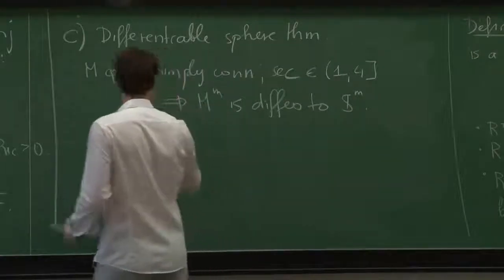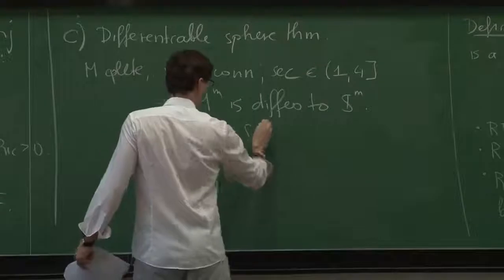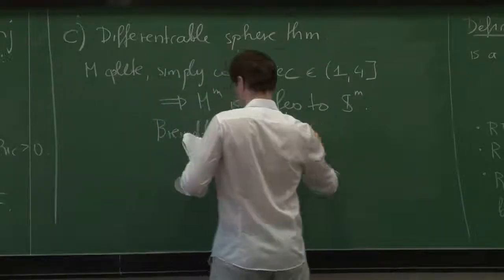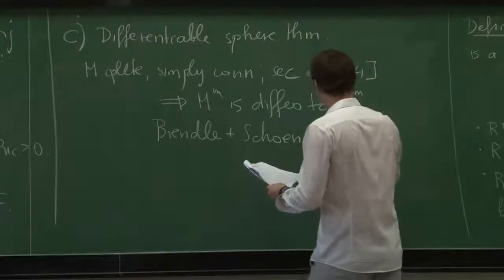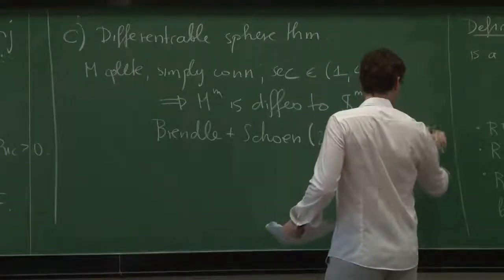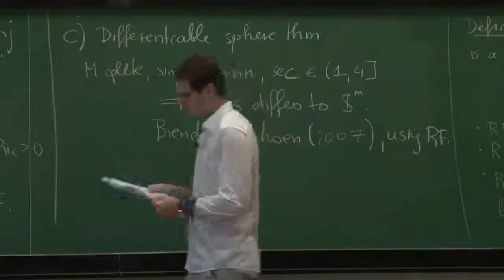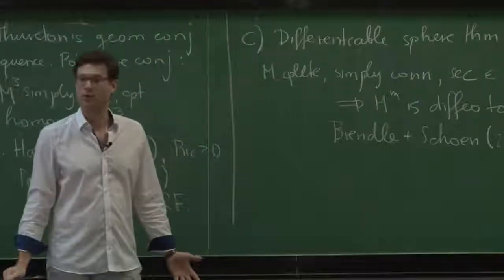And this has been proven by Brendle and Schoen, guys at Stanford, Brendle not at Stanford anymore, moved. But again, using Ricci flow. So we should now be very much motivated to study Ricci flow.